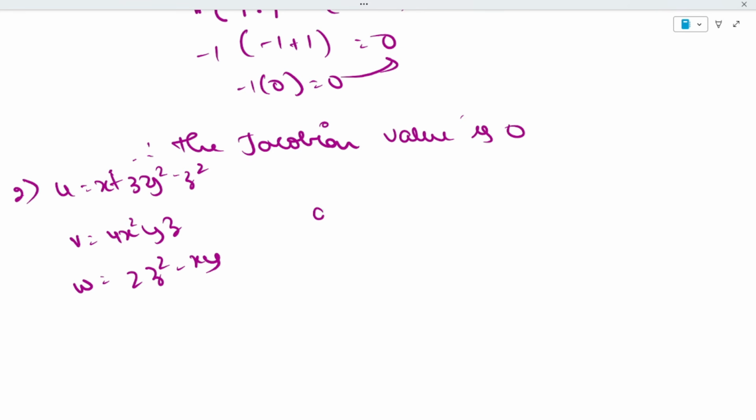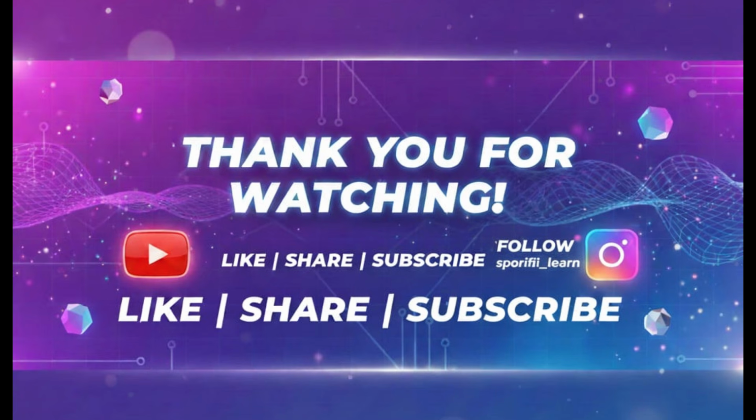You should find out at the point minus 1, 1, plus 1, minus 1 comma 0, means here nothing changes, right? Okay, now the steps which you follow will be as it is, but the step you will be changing here is that you will be substituting x, y, and z values. That's it. These are the changes that you will be doing. This is about the module 1 questions.